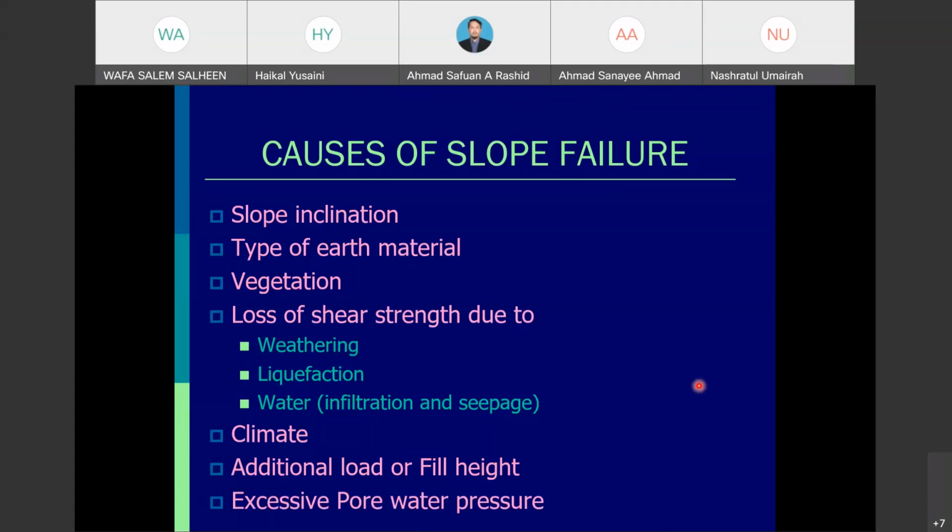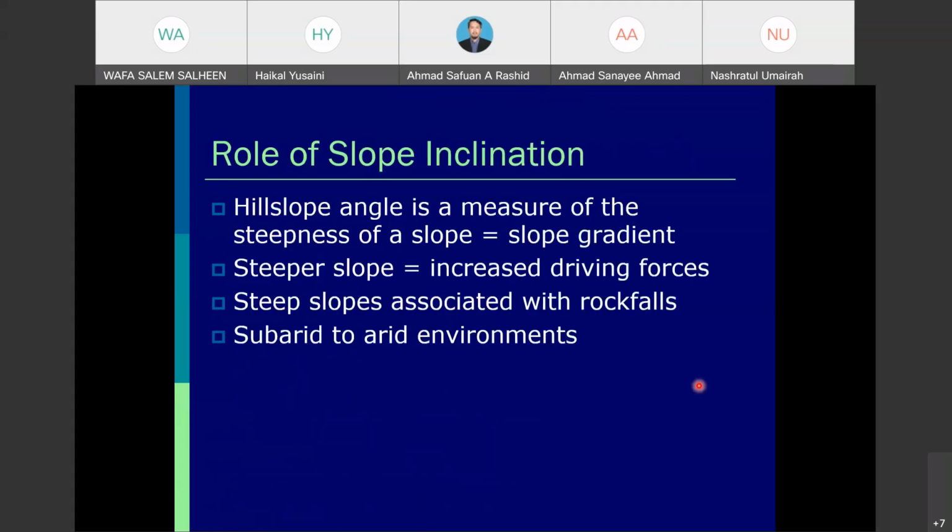The last one is excessive pore water pressure. This is due to the increment of the groundwater level, most probably due to rainfall as well. Now the role of slope inclination: the slope angle is a measure of the steepness of a slope, which we call the slope gradient.